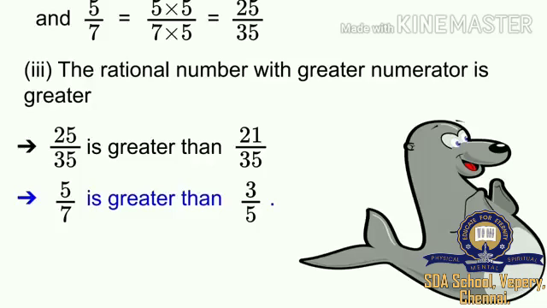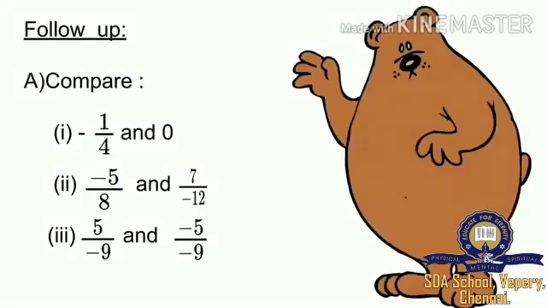The rational number with the greater numerator is greater. 25 divided by 35 is greater than 21 divided by 35, right? Here you can easily see that 25 is the highest number. So 5 divided by 7 is greater than 3 divided by 5. Here is your follow-up work.